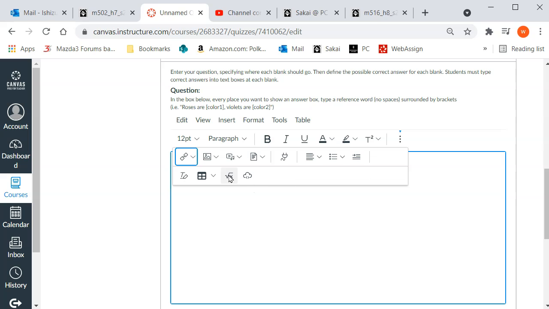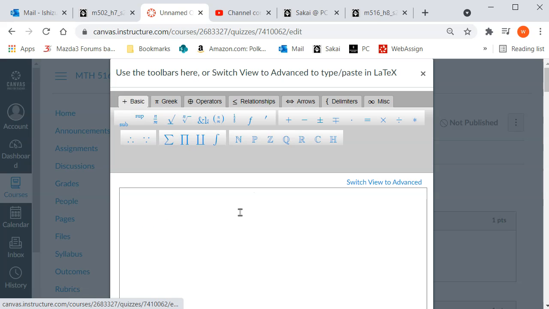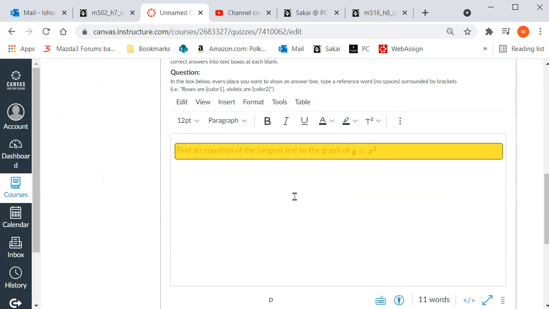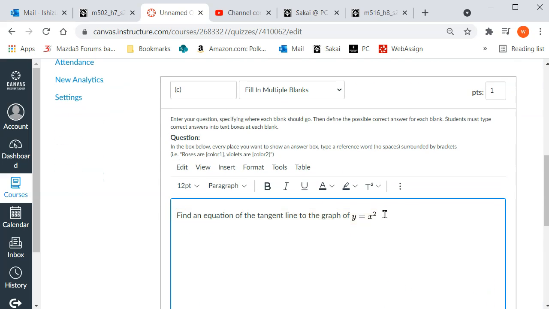So I'm gonna just do an easy one, like y equals x squared or something like that. And insert that, at point, say, 1, 1 or something like that.